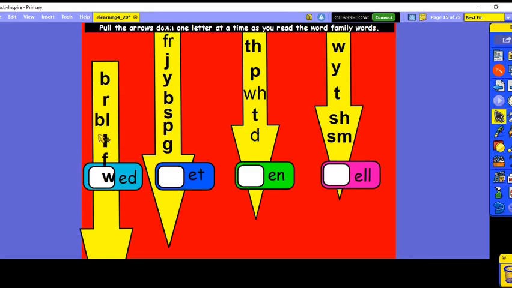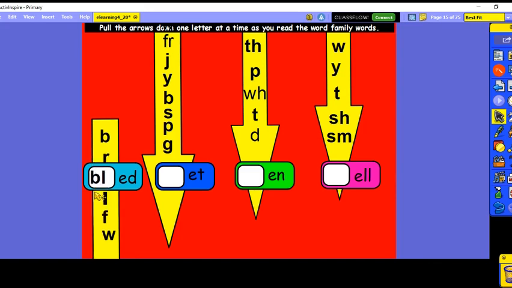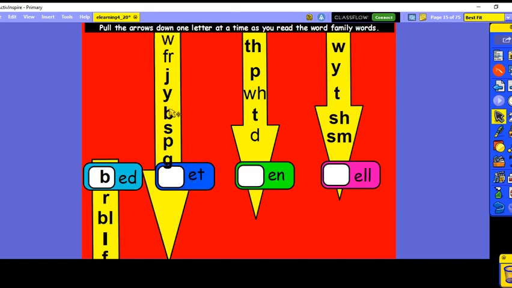Ed, wed, ed, fed, ed, led, ed, bled, ed, red, ed, bed.